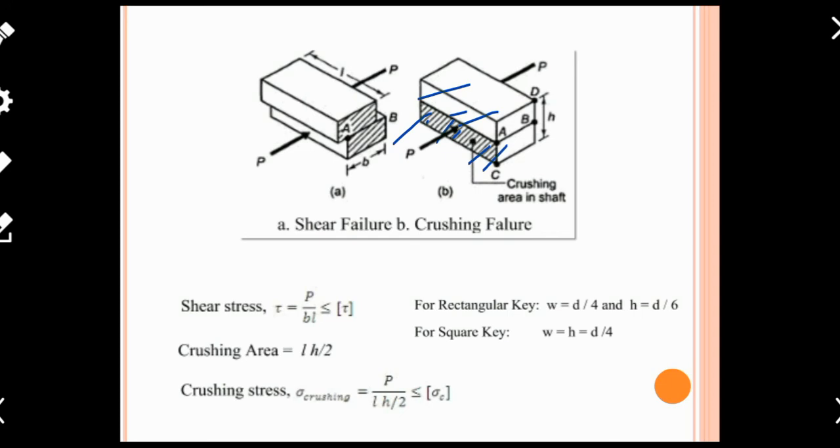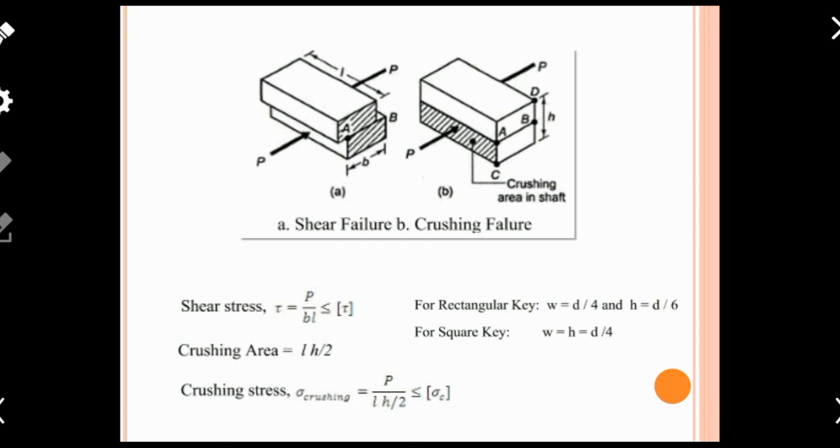If you look carefully at the failure area, that is this projected area, you can easily see that the failure area is perpendicular to the external force P. Of course, if you find such a condition, then either crushing or compressive stress is there. So the second type of stress possible in key failure is compressive failure. So here you need to calculate the crushing stress.